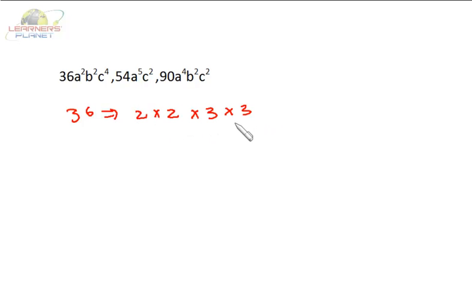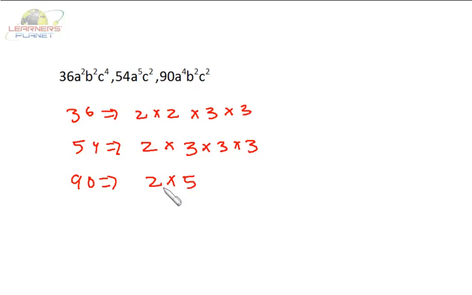Similarly 54 can be written as 2 into 27, that is 3 into 3 into 3. Similarly 90 is 2 into 5, that is 10 into 3, 30 into 3, 90.